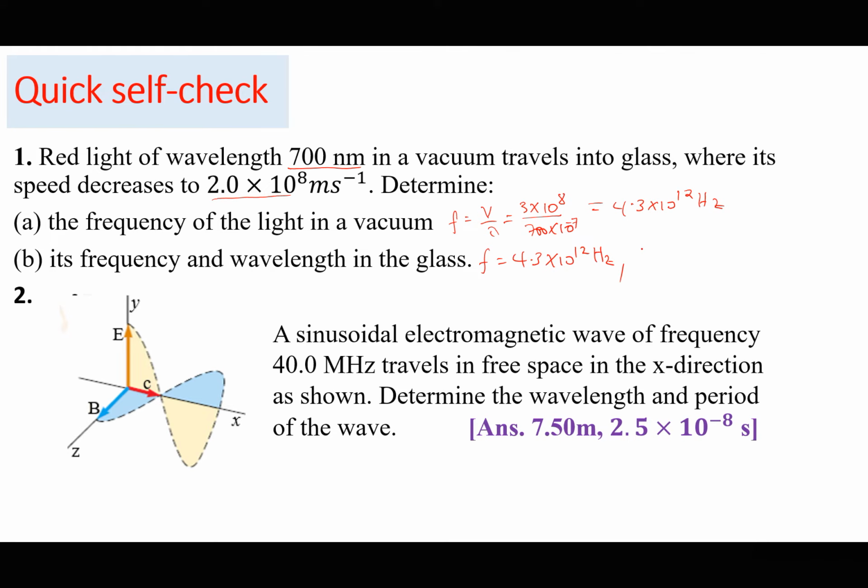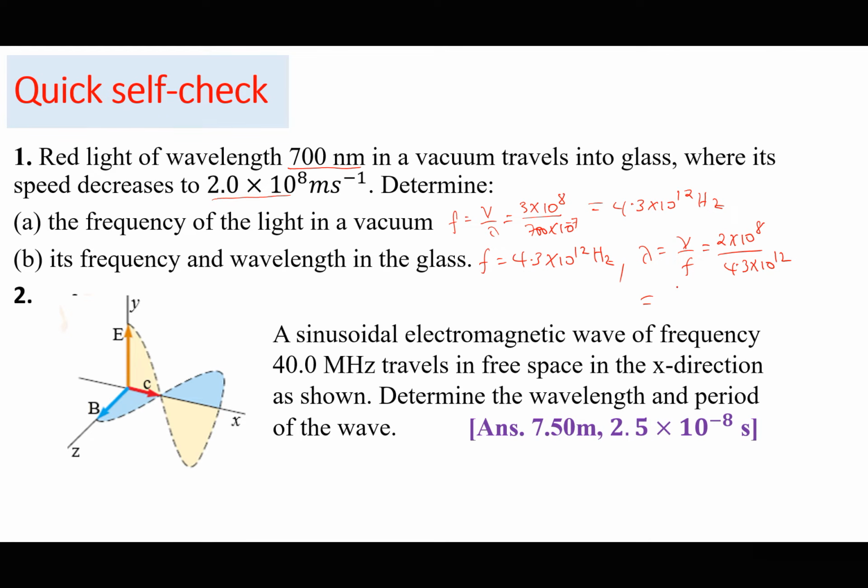And then the wavelength is going to be v divided by the frequency, which is going to be 2 times 10 to the power of 8 divided by the frequency, which is 4.3 times 10 to the power of 14. So this is going to be 2 exponent 8 divided by 4.3 exponent 14.